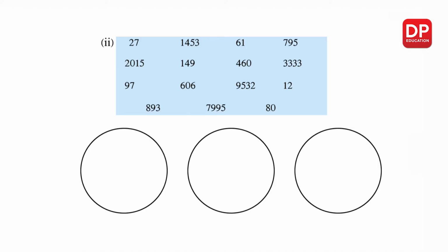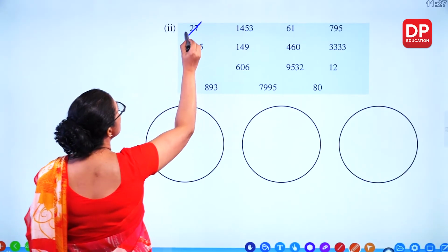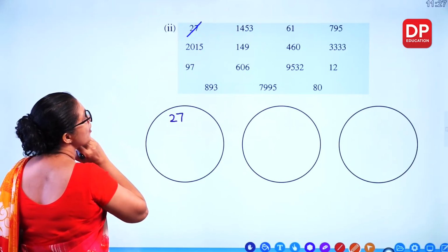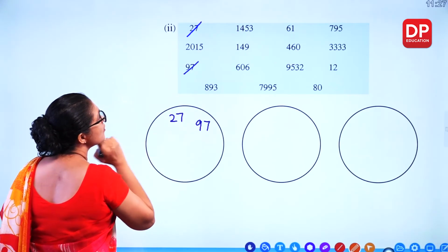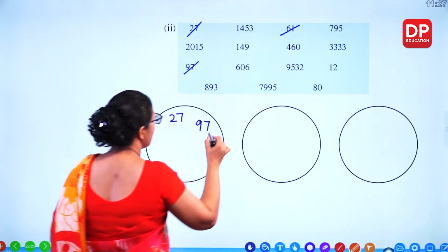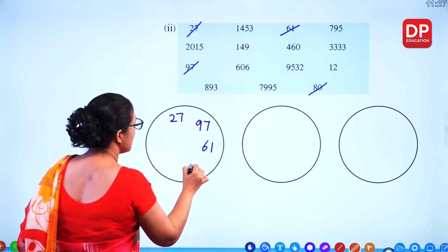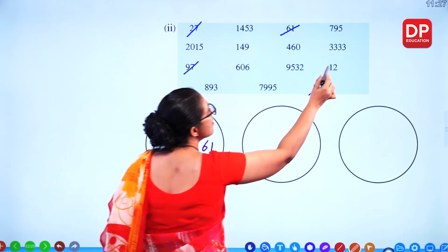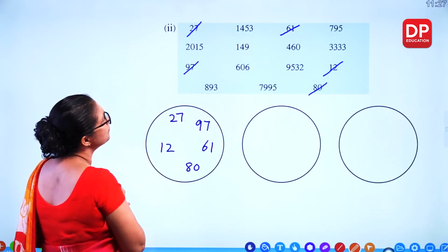Look carefully. I can take 27 in one, 97 to the same group, 61, 80, 12 into one group.